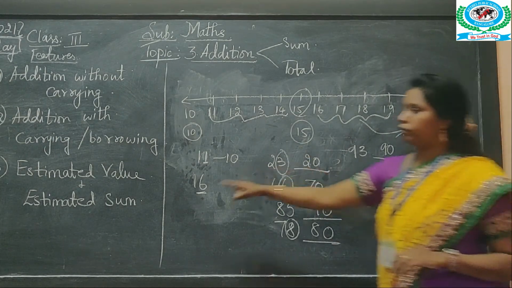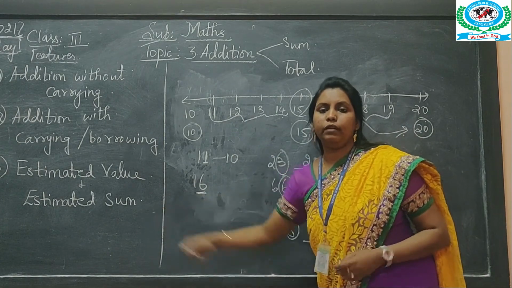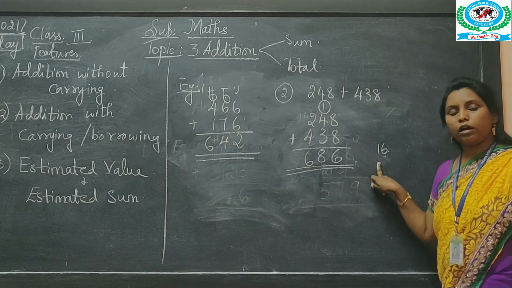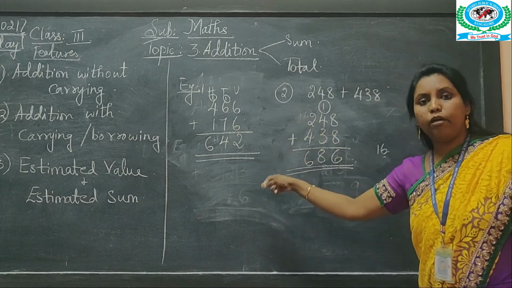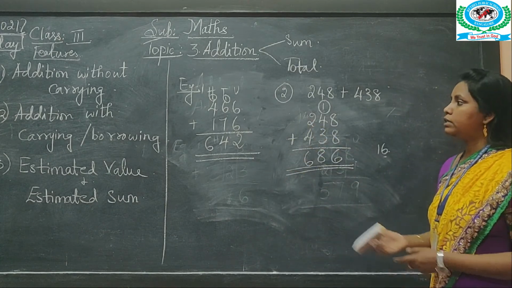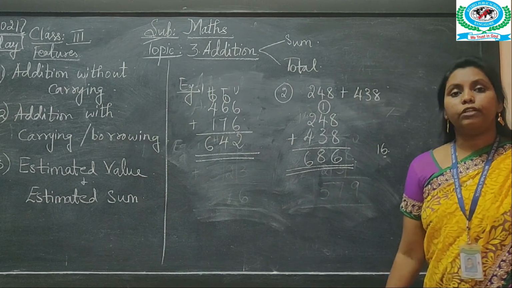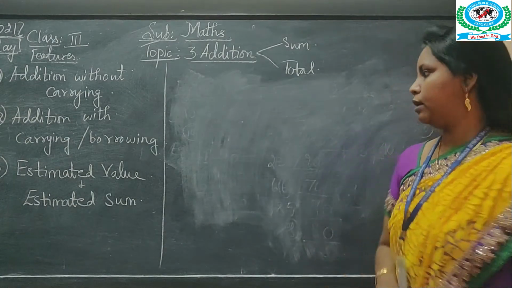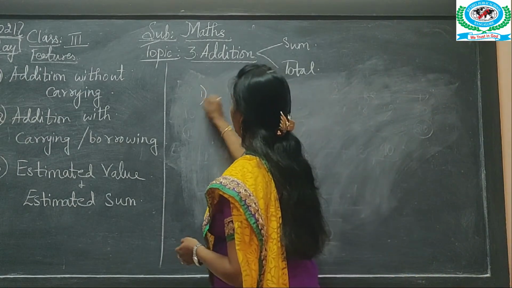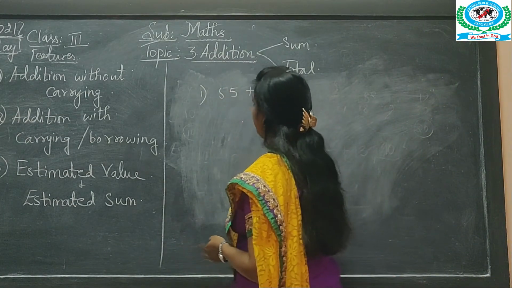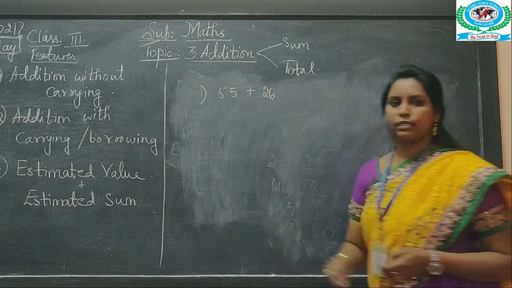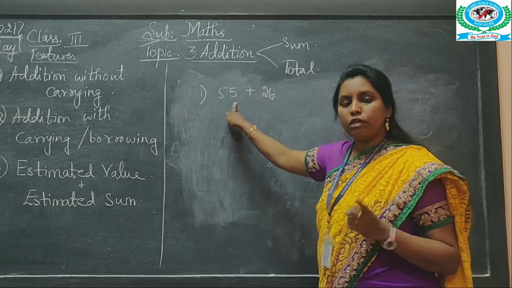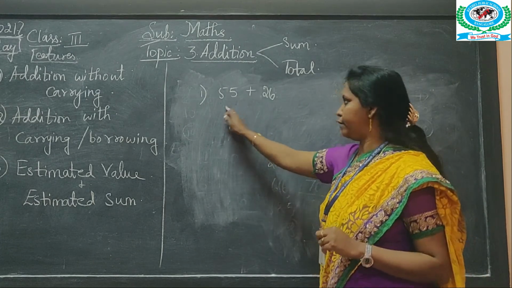Now how to find the sum of these estimated numbers? How should we carry the other number forward? These are examples for addition with carrying. If I give you an example, find the sum of 55 and 26. First you have to see the estimated value of 55.